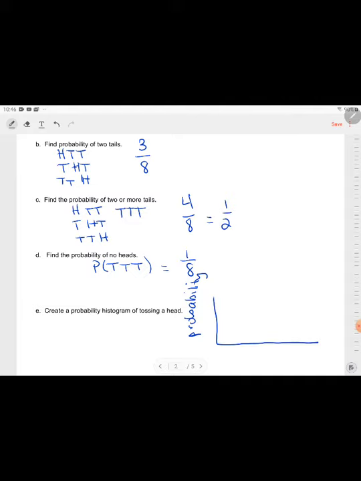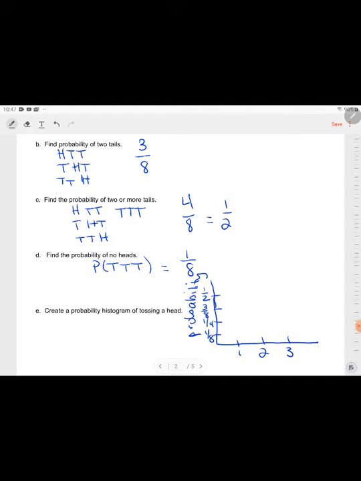Okay, and on the horizontal axis, we're going to say how many times we could get a head. Okay, so you can get 1 head, 2 heads, or 3 heads. Now notice it's out of 8. 1, 2, 3, 4. So 4/8 is 1/2. 3/8, 2/8 is 1/4, and 1/8.